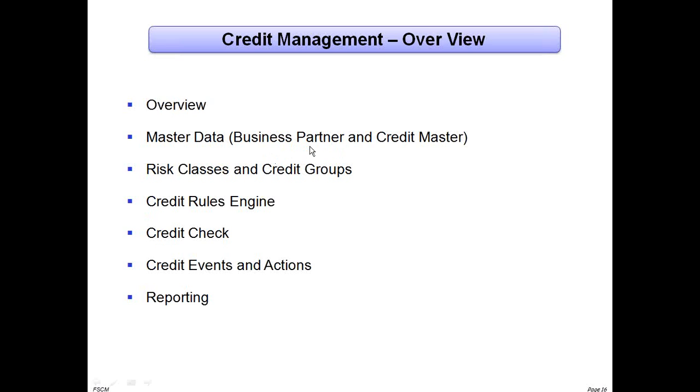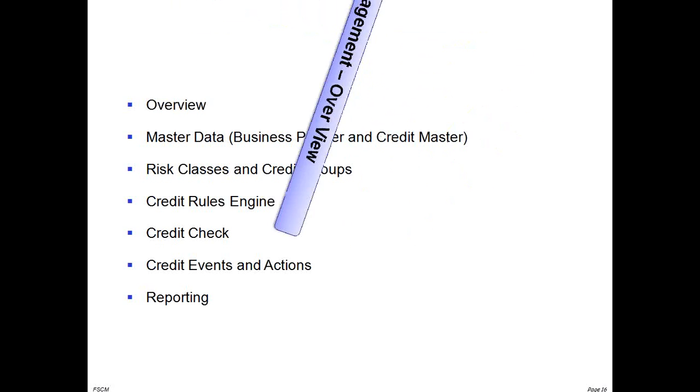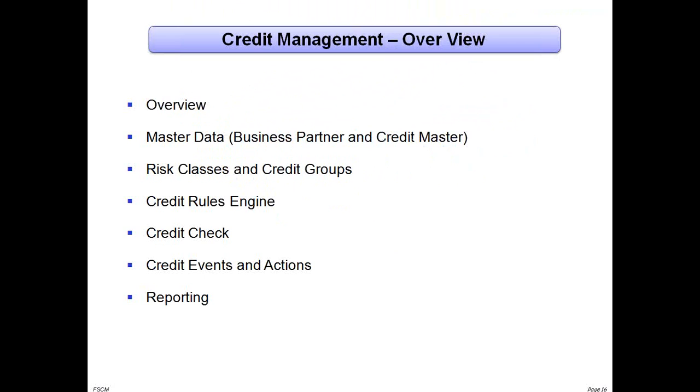If the customer has already been maintained as a collection management related business partner, how can the same person also be maintained in the credit management system? And what do you mean by credit master? What is the link between business partner and credit master? And what are the various risk classes based on certain amounts or the volume of the invoice? Likewise, how you are going to maintain them in the system.